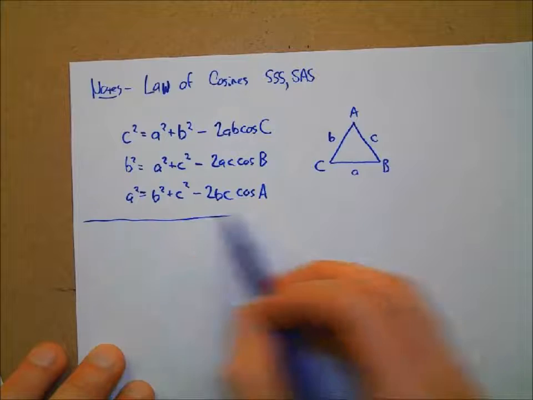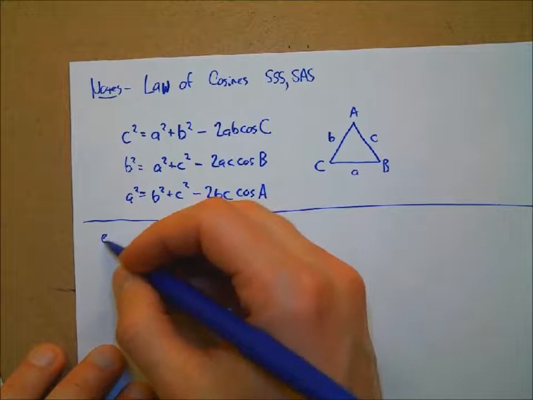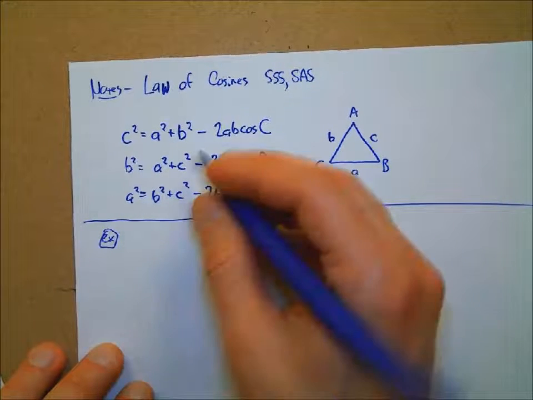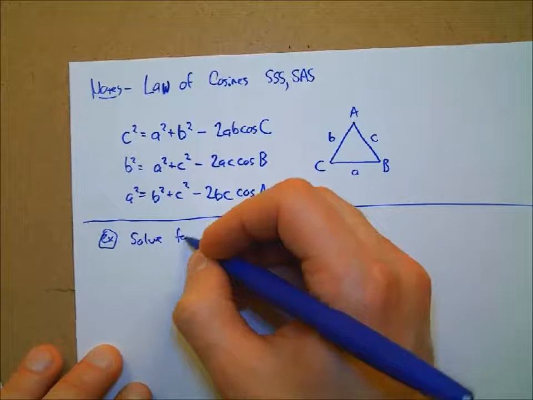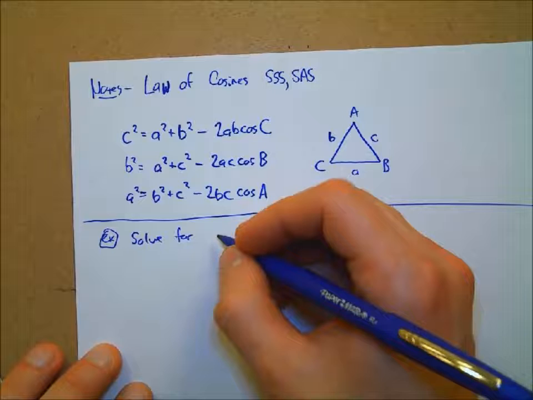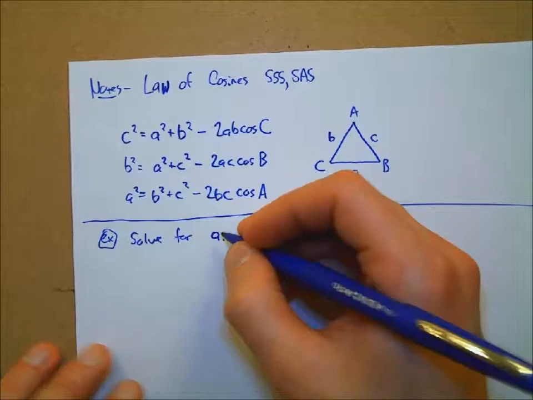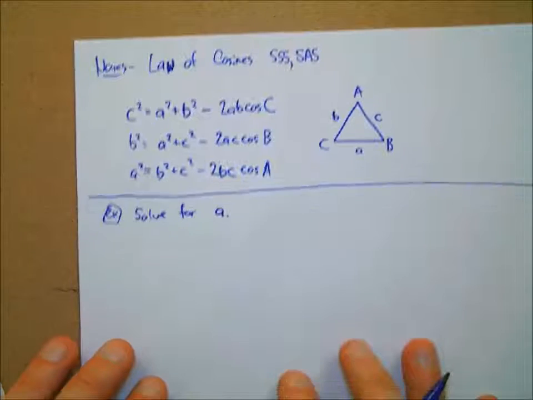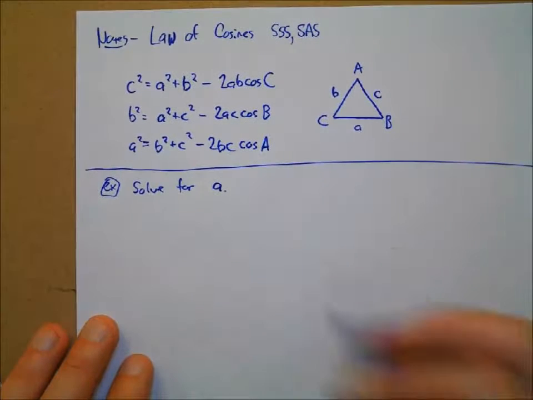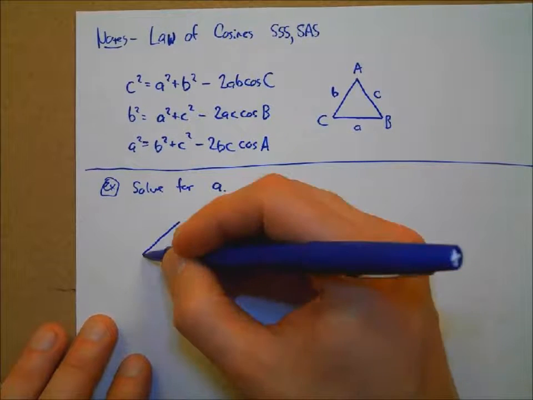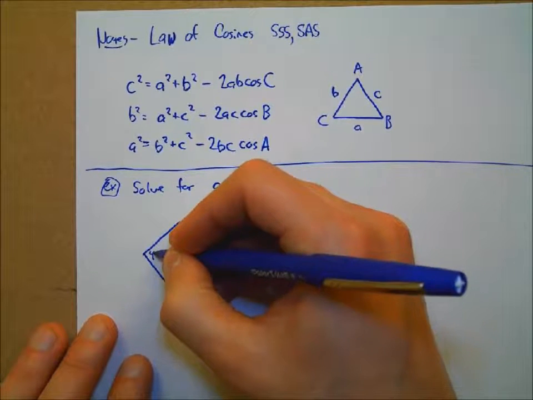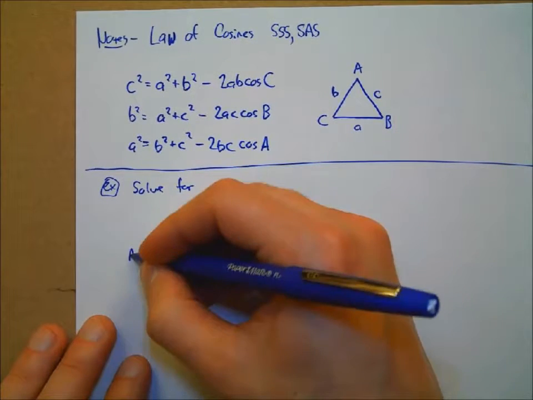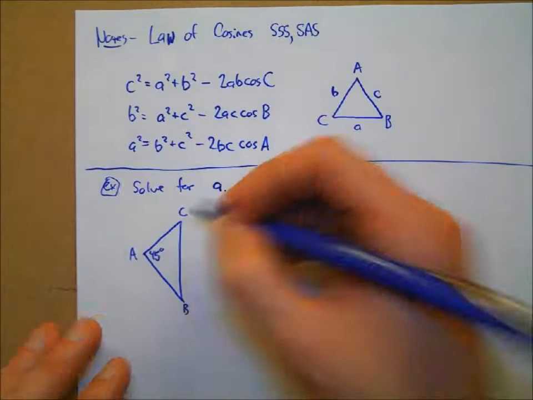We'll do more law of cosines tomorrow, but I just wanted to introduce the formulas. So solve for side A here. We're going to solve for little a, given this information. This is not drawn to scale because it looks more like a right angle than a 45-degree angle, but you get the idea.